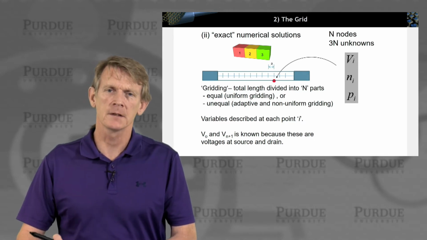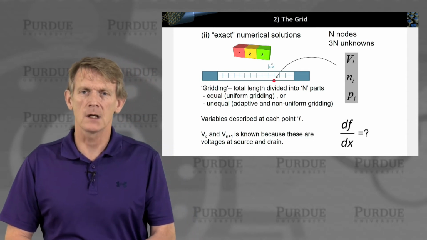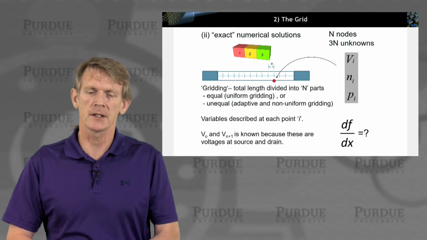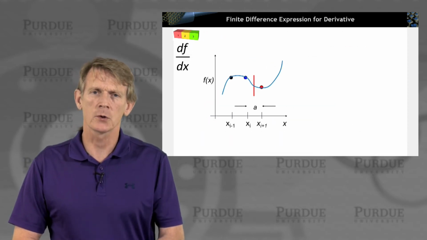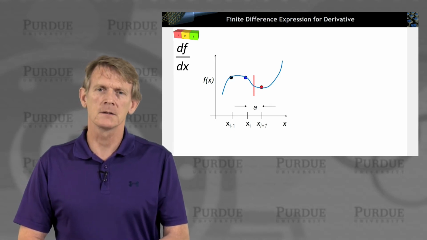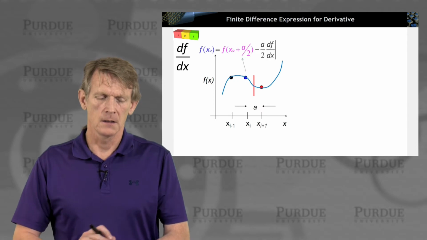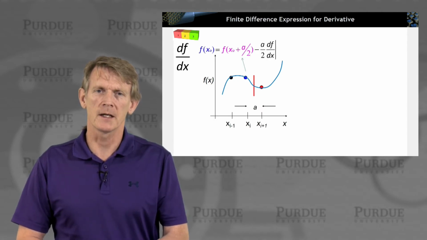where we describe the variables on each point. And now the question remains, how do you build, for example, a first-order differential? So let's assume you have some continuous function f of x, and you want to discretize it on this uniform mesh with nodes separated by a.